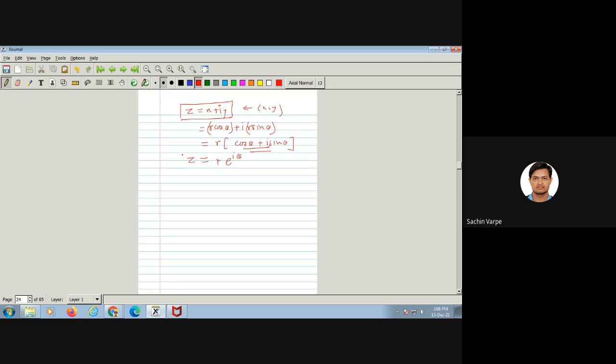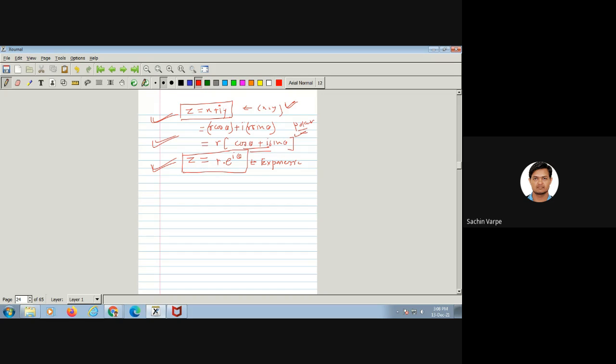Okay. So any complex number has its exponential form. This is called the exponential form of the complex number. This is called the polar form, and this is called the exponential form. These are the three forms of a complex number: Cartesian form, polar form, and exponential form. Out of these three, we can use even the exponential form.